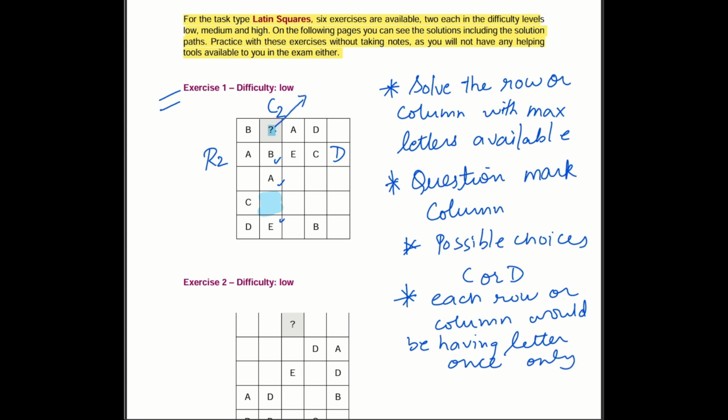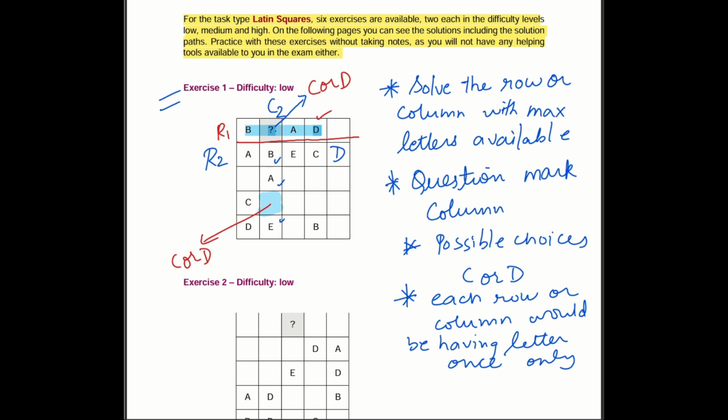So the possible choices here are C or D, and for this column also C or D. But in this row, basically the first row, D is already present, so we can't take D again.